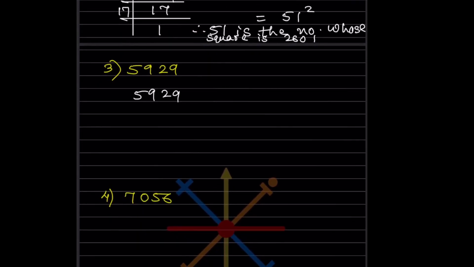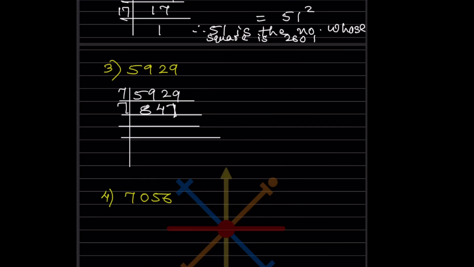5929. So here this will go with 3, not possible. So we can do with 7. 7 8s are 56. So then here 4, and here will be again 7 7s are 49. So here will be 7.